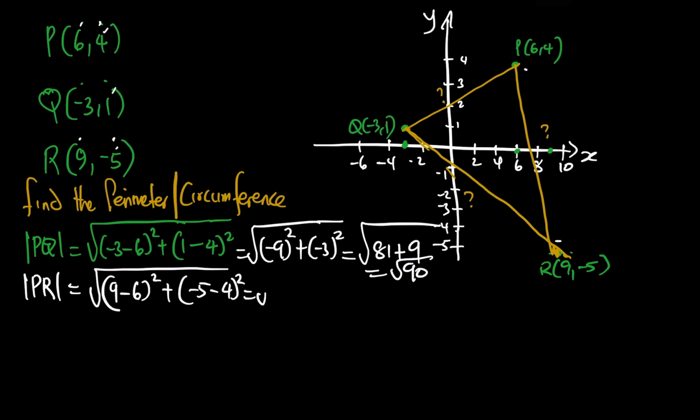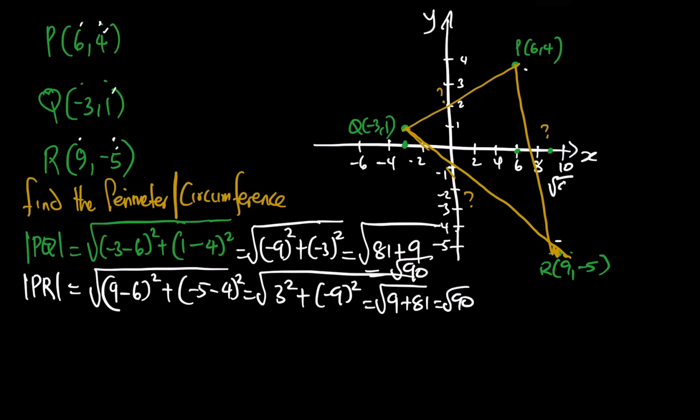We square that, and we end up getting 3 squared plus (-9) squared, which is simply the square root of 9 plus 81, which is the square root of 90 again. So here is the square root of 90, and PQ is also the square root of 90.